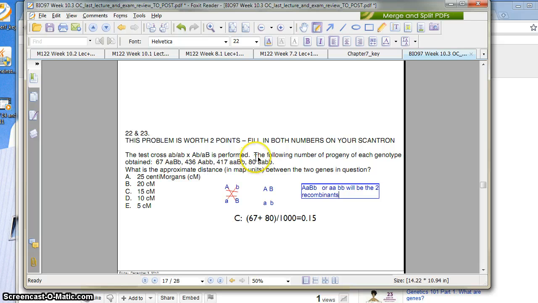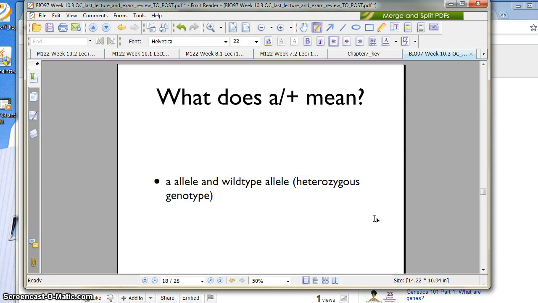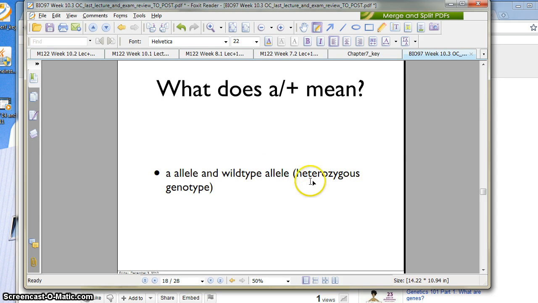So you add these two up, 67 and 80. There are no double recombinants because there are only two genes. Then divide by the total. If you add all of these up, you get 1,000. And ta-da, you just found your map distance. Cool? I think it's cool. Genetics is awesome. Alright, enough with the false enthusiasm.